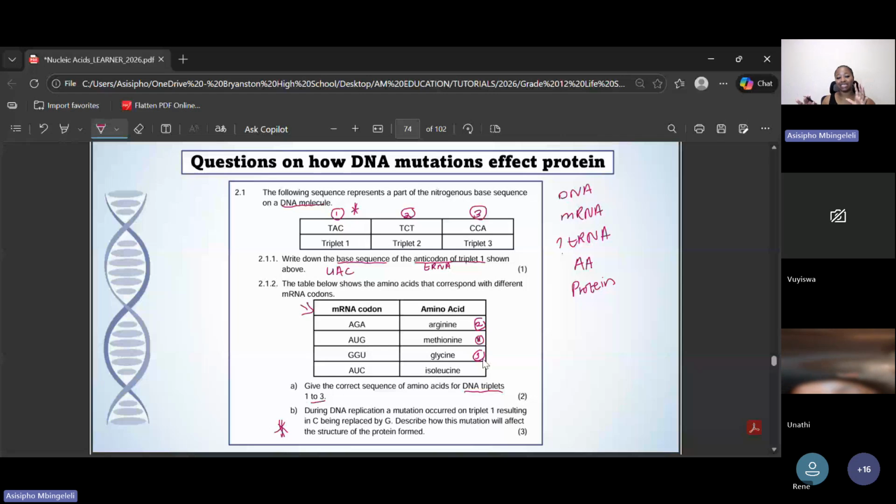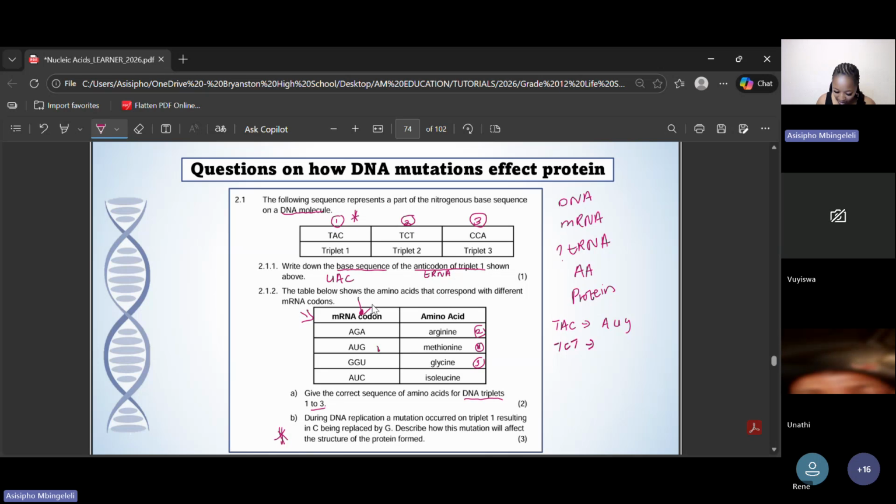We get the messenger RNA first. So we had TAC. So for messenger RNA, this will be AUG. Okay, there is AUG, hence the first amino acid, methionine. Then the next triplet is TCT. We are going to take it to messenger RNA first because that's what we have on the table. And then we get AGA.